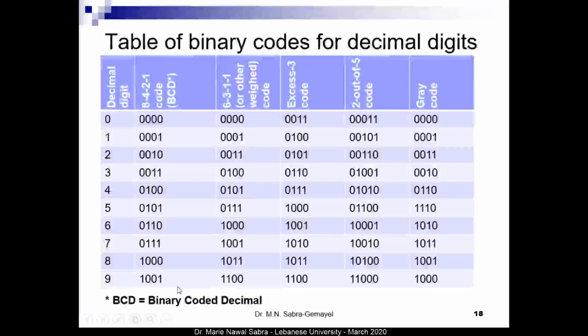The difference is that if I want to code a number that is 7895, I do not transform the 7895. I transform each digit alone and transmit it and then receive it on the other side. Since I have 16 possibilities and I'm only using 10 of them, we have the possibility of making modifications. The first modification is, instead of using the 8421 weighted values, I can use any other weighted value.